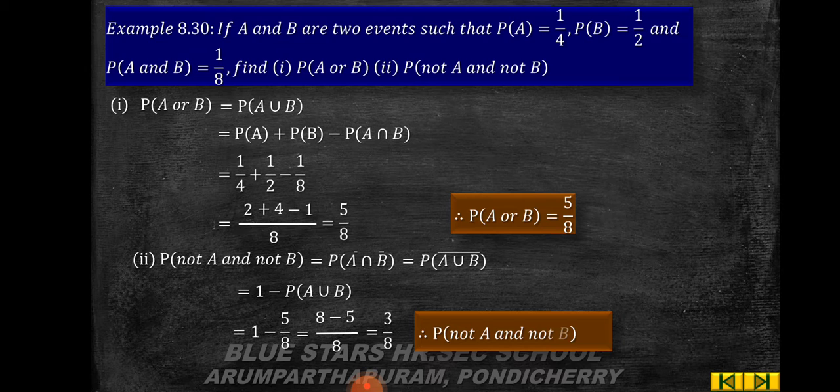Therefore, P of not A and not B is equal to 3 by 8.